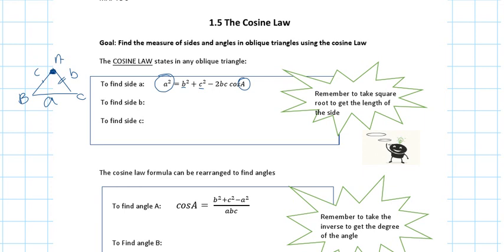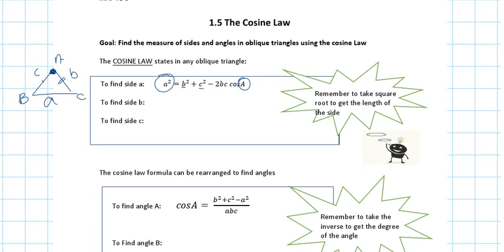So the formula, now what if I want to find side B? What if I know side A and side C, and angle B, and I want to find side B? The only thing that changes are the letters.